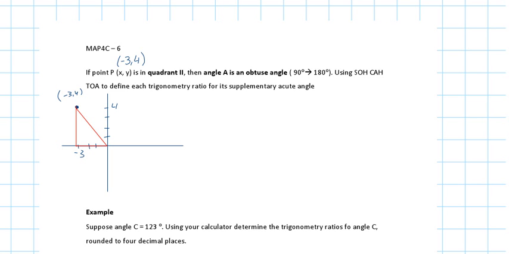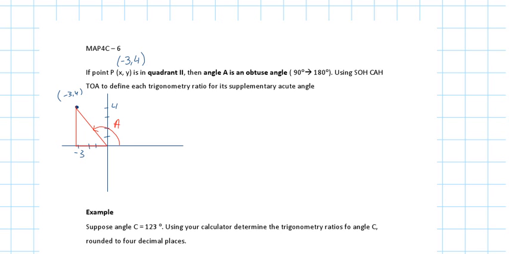From the positive x all the way to the terminal arm. So technically, this is my angle that I'm looking for. Let's call that angle A. Is angle A obtuse or acute? Obtuse. It's in the second quadrant. You see how it's bigger than 90? It's greater than 90.